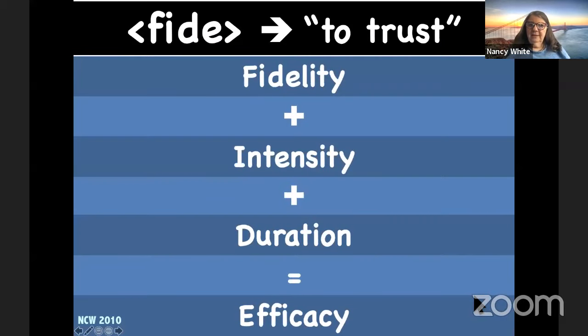So again, you can remember the program proofing that Margie Gillis was recommending: choose the appropriate approach, then get the necessary training to deliver it with fidelity, the intensity, the duration, and of course, the goal is efficacy and independent functional use.